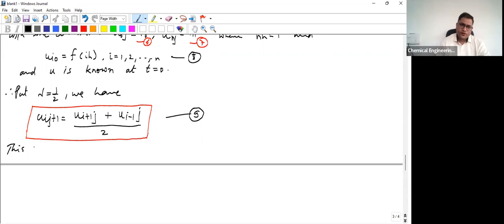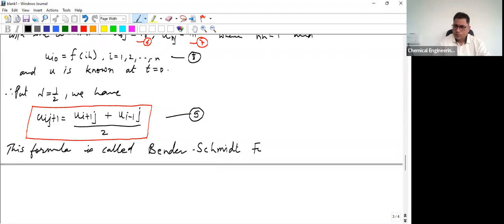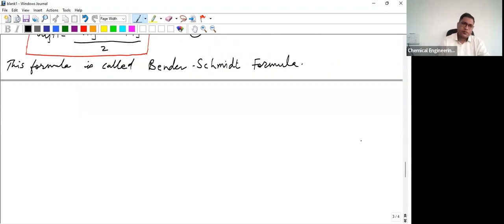So we can write this formula is called the Bender-Schmidt formula. When we want to solve the parabolic equation or parabolic partial differential equation, then we use the Bender-Schmidt. So here we have two terms.